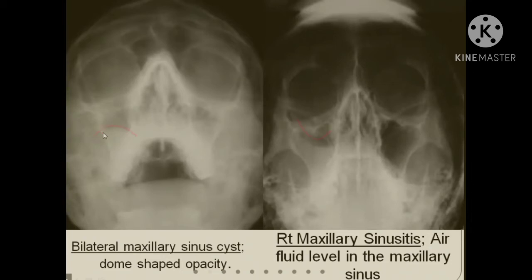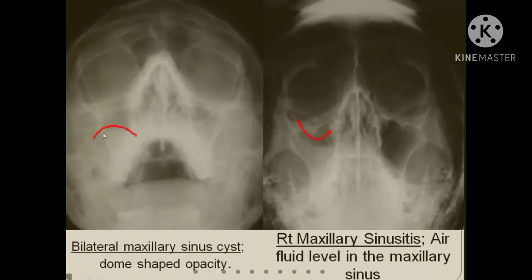If we see carefully, the opacity in the left X-ray is dome-shaped and convex upward, and this is likely to be a cyst, whereas the opacity in the right X-ray is concave upward, and this signifies fluid within the maxillary sinus.